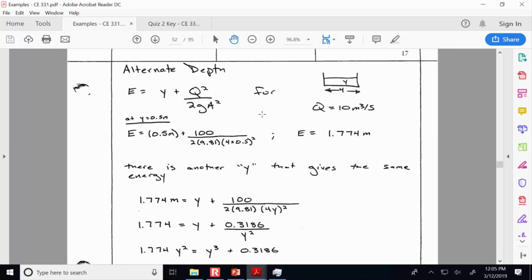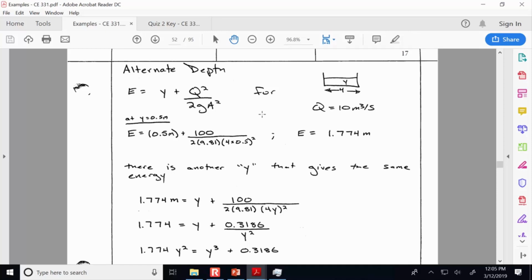This last one is the same thing as 0.3186 divided by y squared. So if we just have the 100 divided by 2 times 9.81 times 4 squared. So that cubic equation then is plus 0.3186.